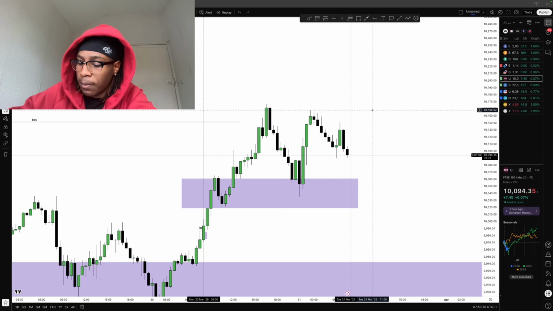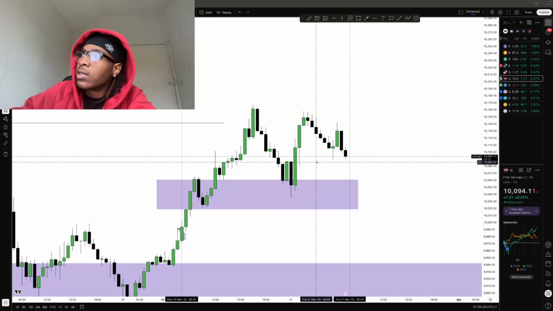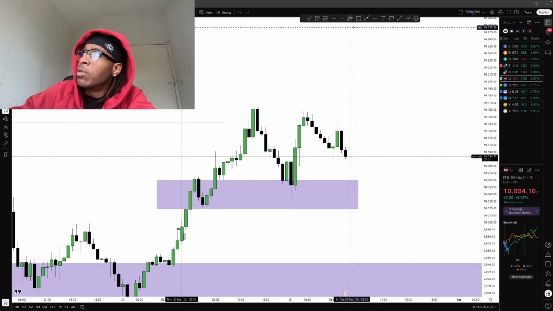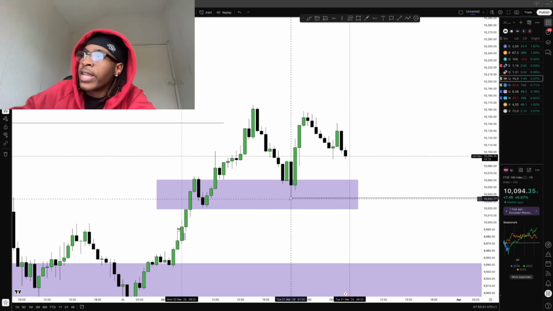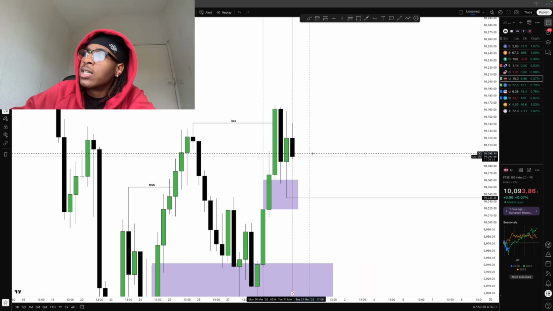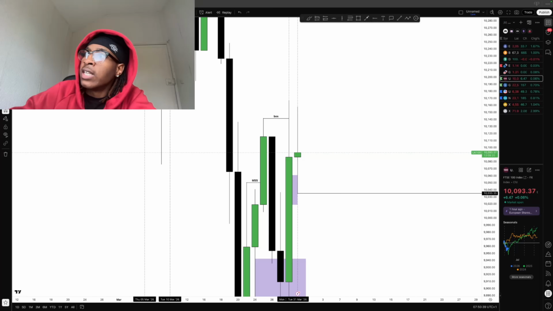If I go to the 30-minute, I'm going to mark out when market open. Market opens here. So yeah, I'm looking for price to do some sort of retracement, but hold this range. It needs to hold this range. If it doesn't hold this low, invalidated. Invalid.